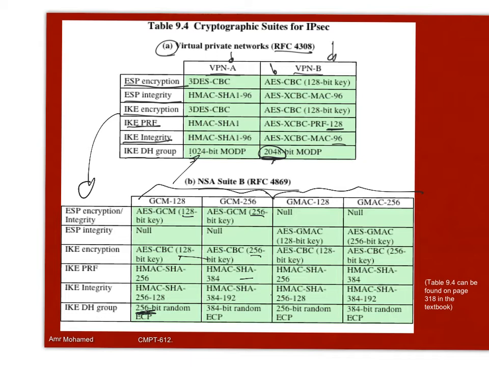This is 256-bit ECP, versus here 1000 MODP. We don't know the difference between ECP and MODP, so it could be that MODP and ECP are some function that is applied to the public key to generate the shared key. So again, we need to look up this RFC and get the exact terminology and what is the difference between MODP and ECP and all this stuff.